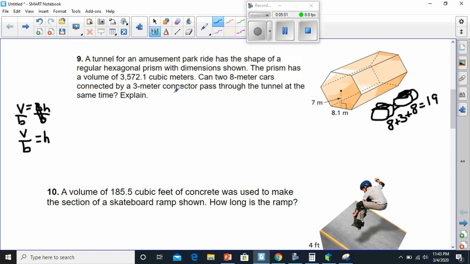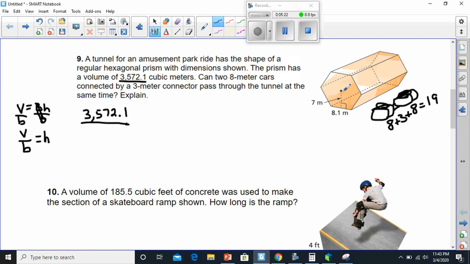We already know what the volume is because it gives it to us right here. So we can rewrite this as 3,572.1 divided by the base. Now we have to figure out what the base is.